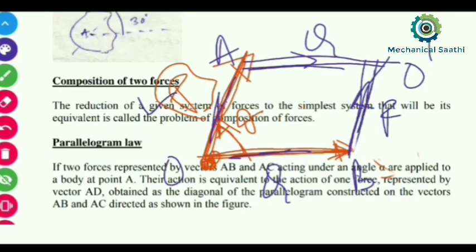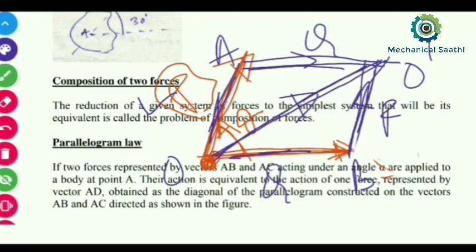Simply, we have constructed a parallelogram by taking these two sides, P and Q. Then the diagonal we get over here, O dash, is the resultant of these two vectors.